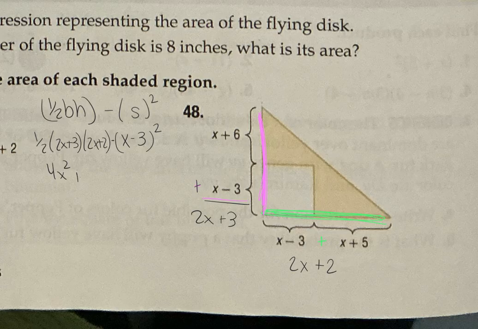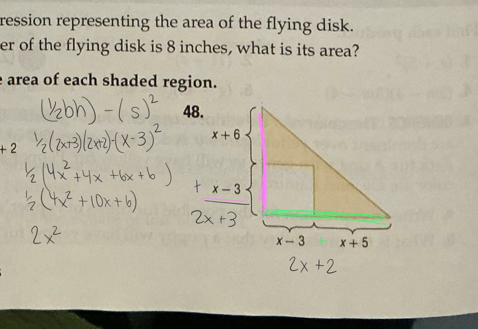Outer is 4x. Inner is 6x. Last is 6. 4x squared plus 10x plus 6. Now I still have to do my half thing. So now I have 2x squared plus 5x plus 3.